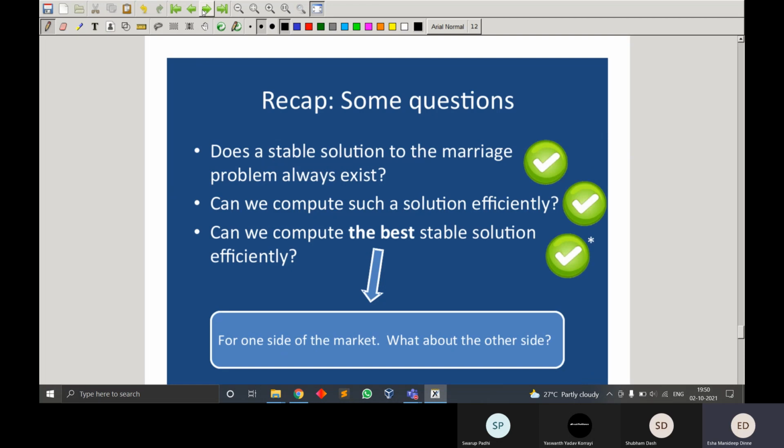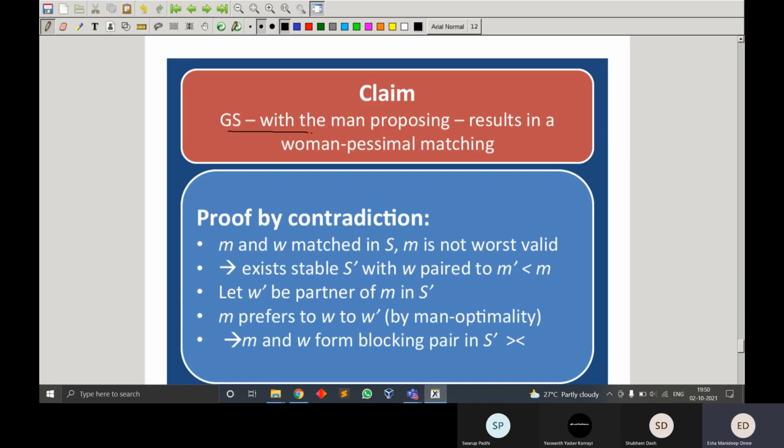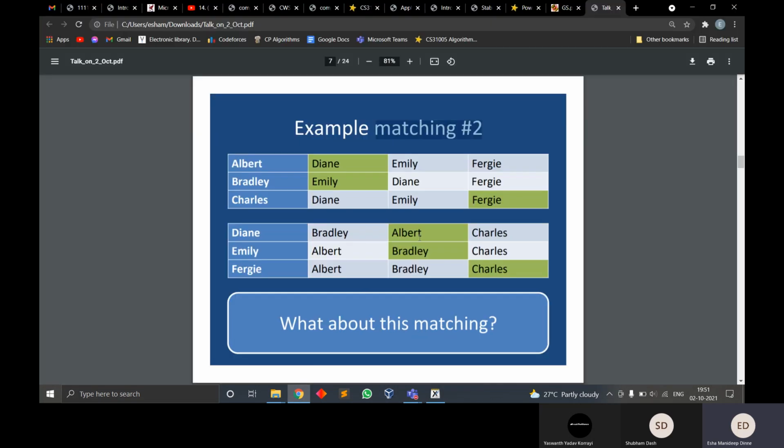Another surprising thing is that Gale-Shapley with man proposing results in a woman pessimal matching. Every woman will receive the worst valid candidate she can match to. It is clear here too, because Diane is with her worst possible valid candidate, and Emily is with her worst possible valid candidate.